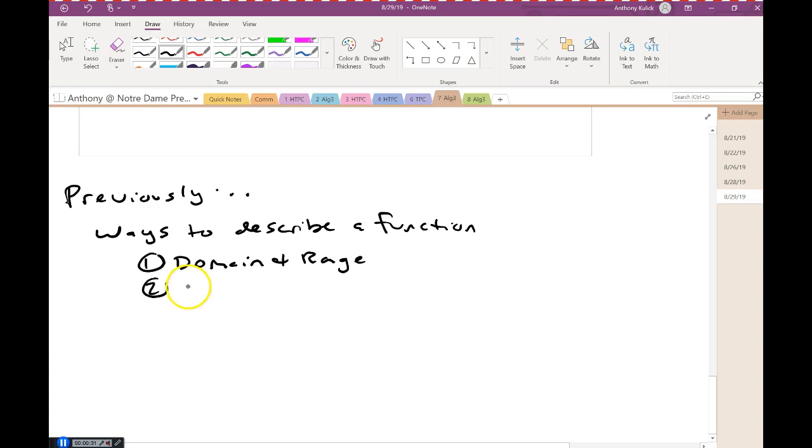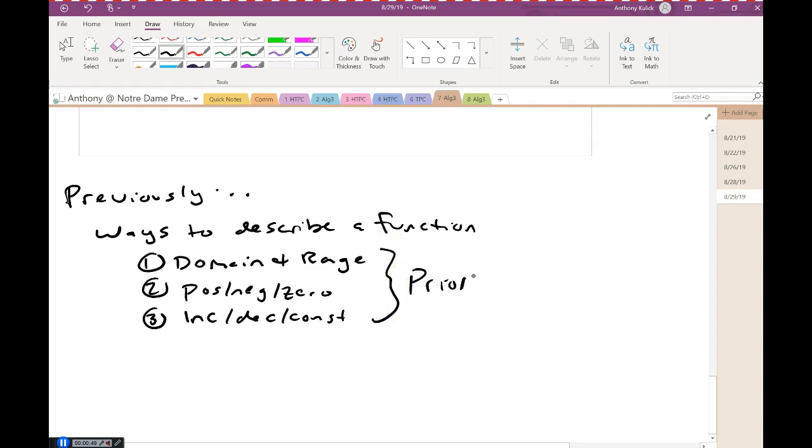We talked about positive, negative, 0. And we've talked about increasing, decreasing, constant. Everybody good with that? So this is all prior. We did these last couple of lessons.